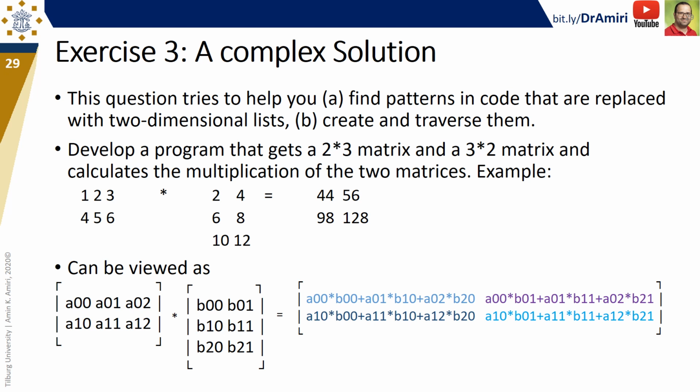For this question, you need to develop a program that gets a 2x3 matrix and a 3x2 matrix from the user, and then calculates the multiplication of the two matrices using no other packages like NumPy. I explained how this is done in a mathematical way. So your goal is to create a solution for this.